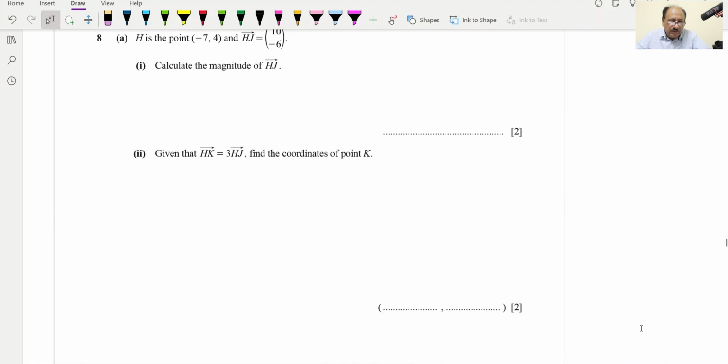Now question number 8. Question 8 says H is the point -7 and 4, and HJ is provided. Calculate the magnitude of HJ.